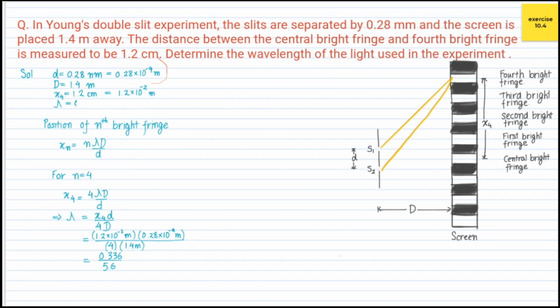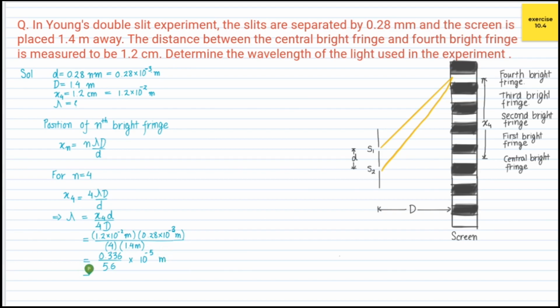It will be 10 to the power minus 3. Similarly, we have to correct this 10 to the power minus 3 here. Now 10 to the power minus 2 and 10 to the power minus 3 will give us 10 to the power minus 5. Now we know the SI unit, meter.